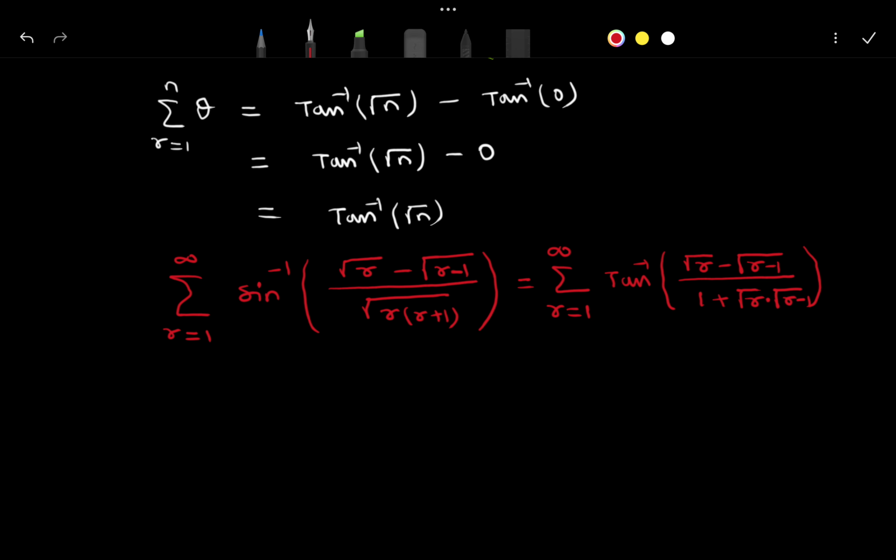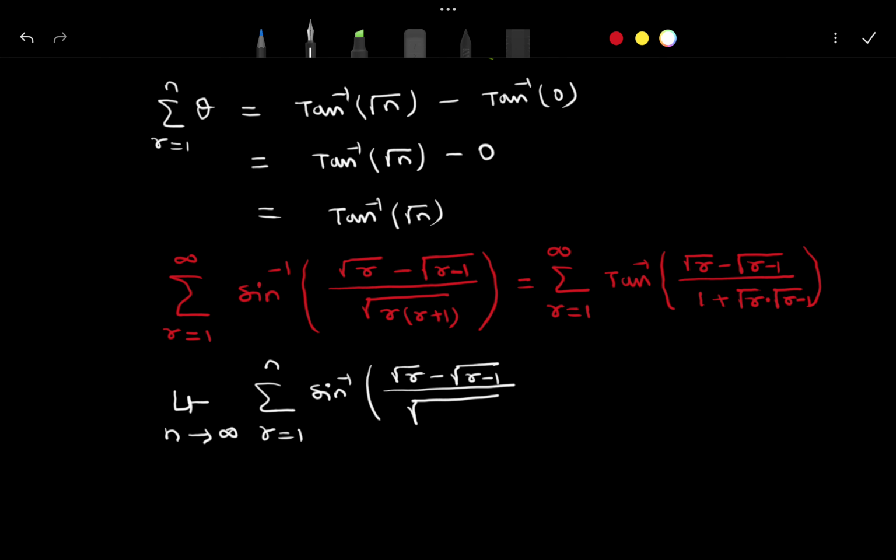After finding the sum of the n terms, you take the limit as n tends to infinity of the sum from r equals 1 to n of sine inverse of root r minus root of r minus 1, whole divided by square root of r into r plus 1.